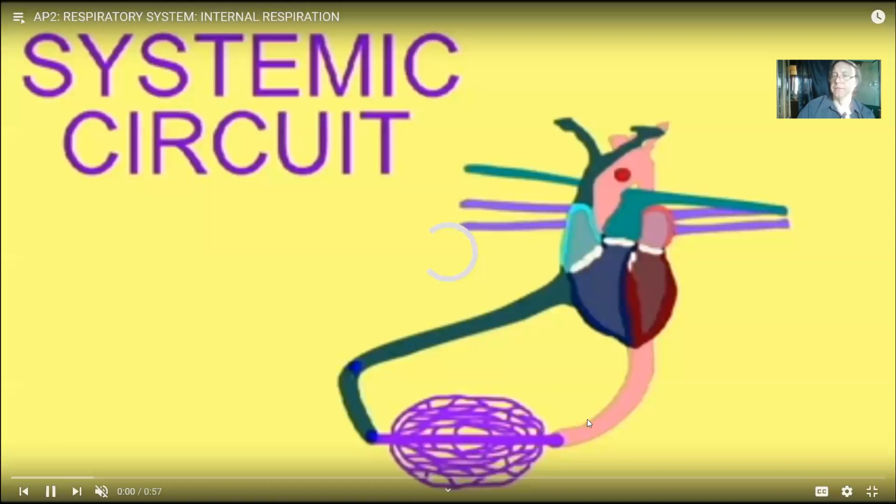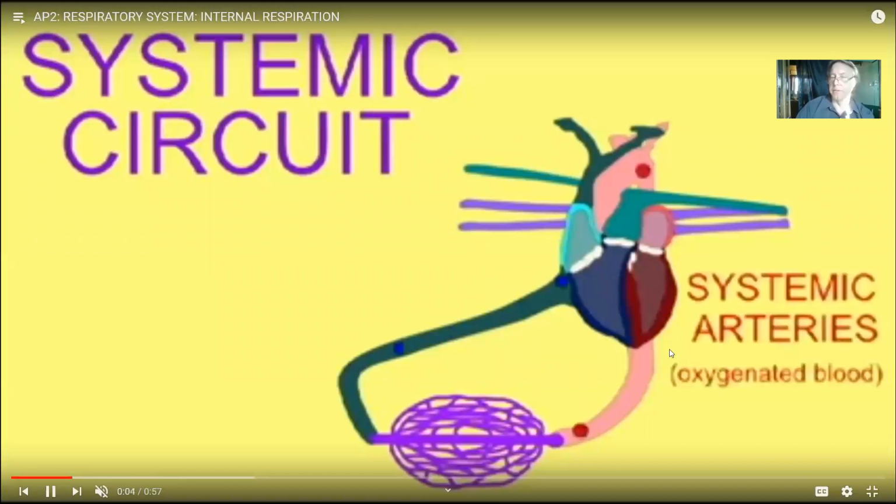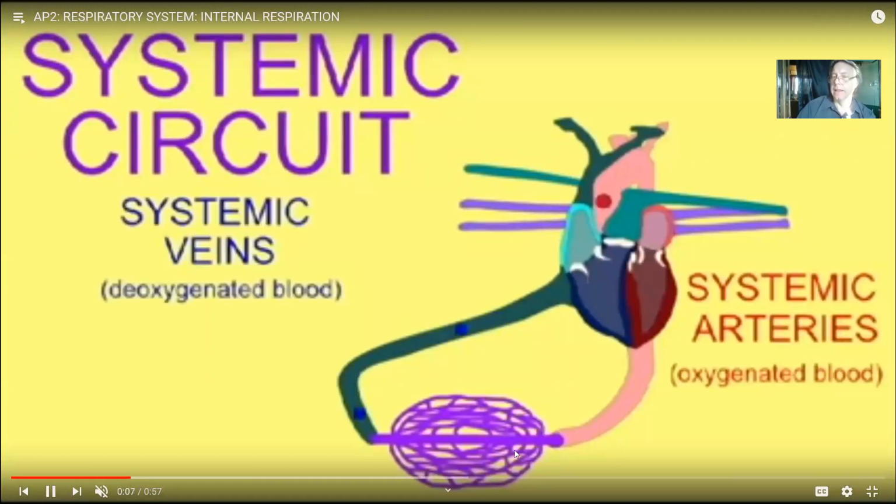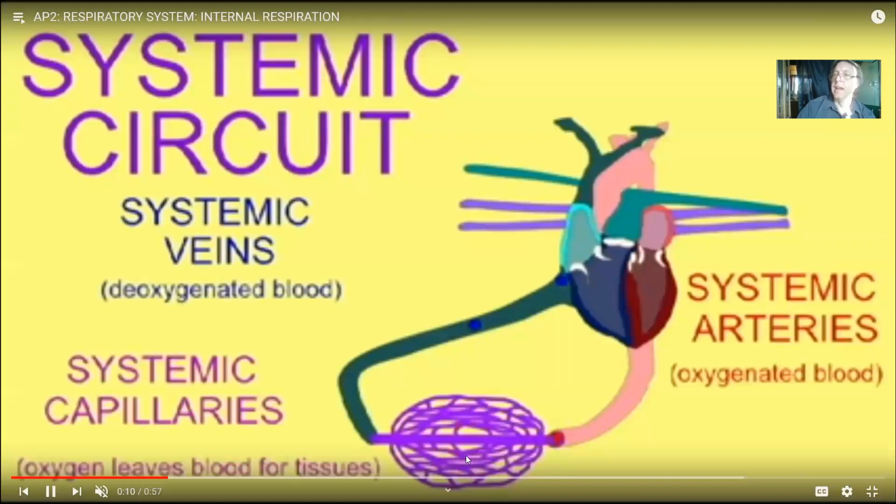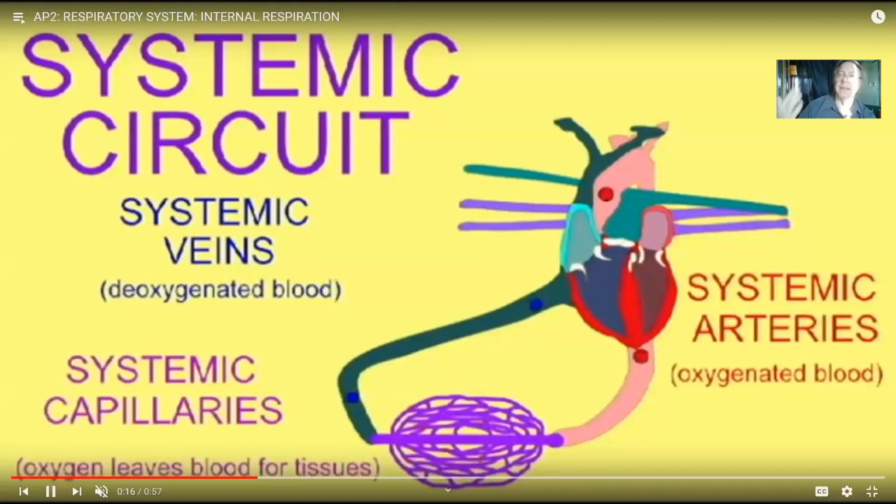And then the red oxygenated blood goes to the left atrium, which goes to the left ventricle. The left ventricle squeezes this blood and sends it to the brain and back, hand and back, foot and back. These systemic arteries have red oxygenated blood. This red oxygenated blood reaches the capillaries of, say, the brain, the hand, the foot.